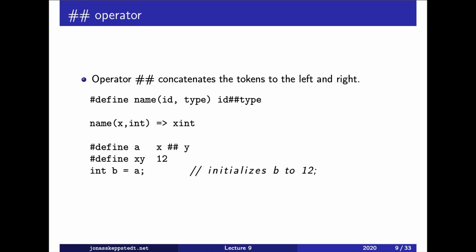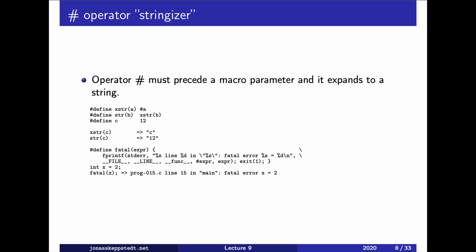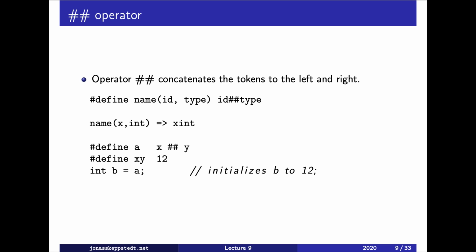There is another operator which is somewhat similar to this one, but not really. If this one is rarely used, this one is even more rarely used. What it does is to concatenate, that is merge, 2 tokens.